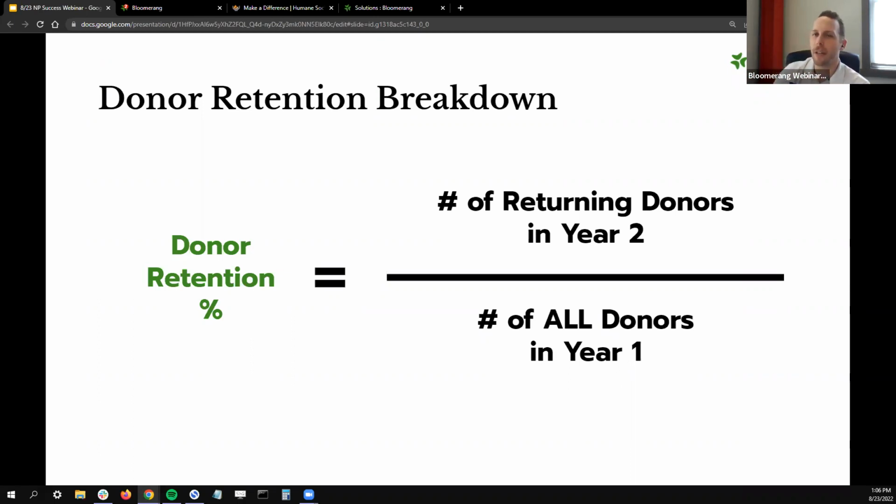I have seen people do it on a quarterly or even monthly basis, but generally when we're talking about your donor retention percentage, it's a 365-day period. For example, if you did your 2021 example, you would take all your donors in 2020, and then all of those donors that returned again in 2021. That percentage would be your donor retention percentage.